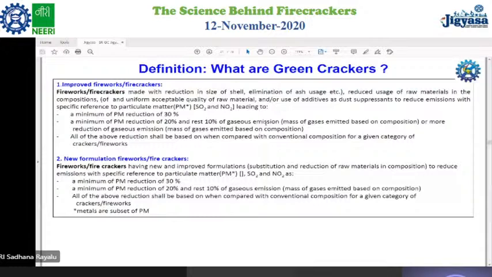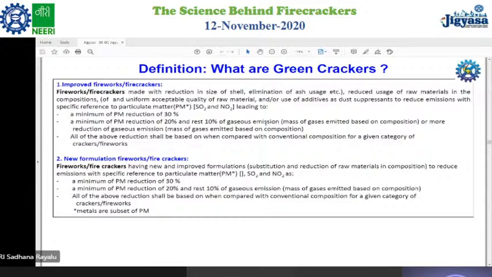Okay, so now, I have told you what the firecracker definition was. Now the definition is revised. What are green crackers? This is a very important definition, which you should also try to understand. Green firecrackers are those which give you a particulate matter reduction of 30% and a reduction in gases of about 10%, or a combination of 20% reduction in particulate matter.